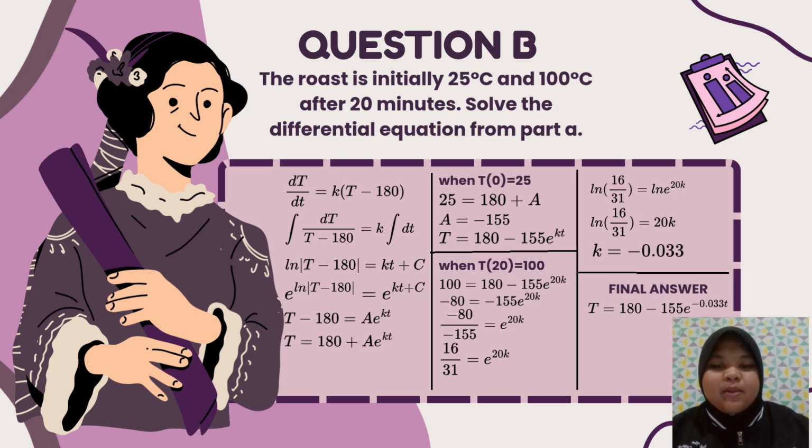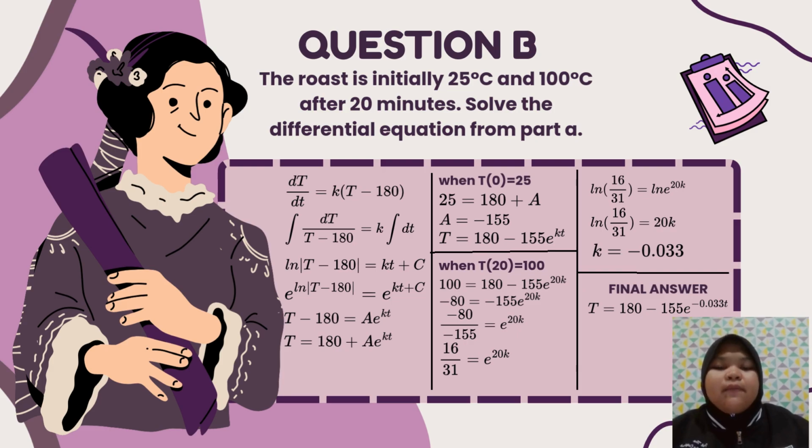Now, we apply the first condition. At time t equals 0, the temperature of the roast is 25 degrees Celsius. Substituting these values into the equation allows us to find the value of A. After simplifying, we get A equals minus 155.